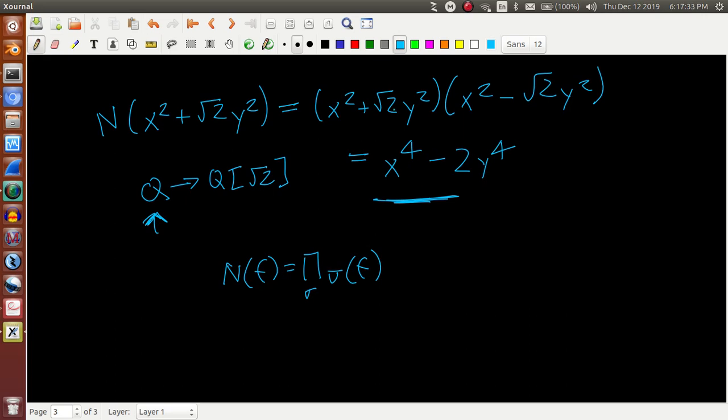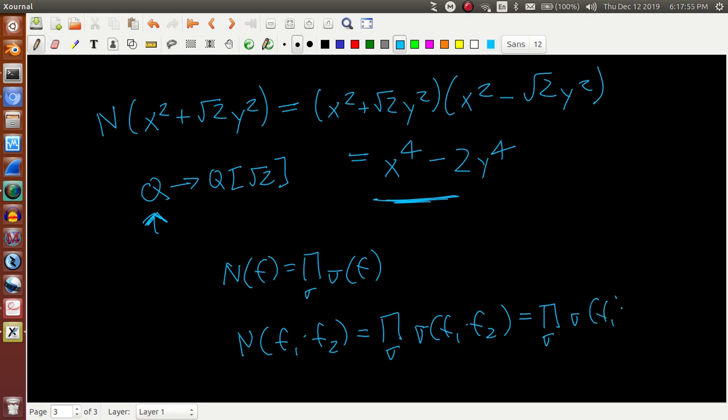So if we're looking at a factorization, say f1 times f2, it could be as many of these as we want, it's sigma of f1 f2. Sigma also commutes, it's a field automorphism, so what we actually get here is a bunch of factors.